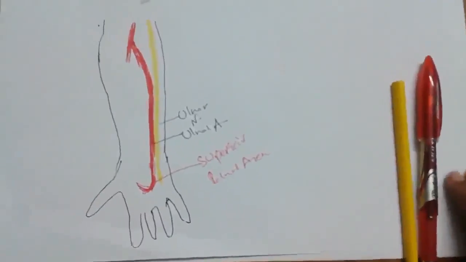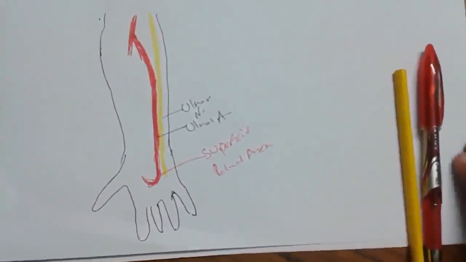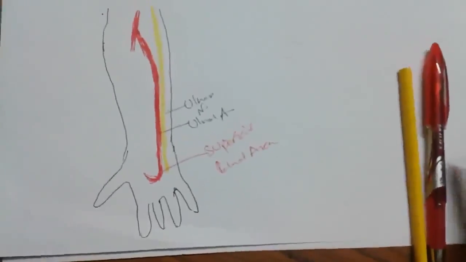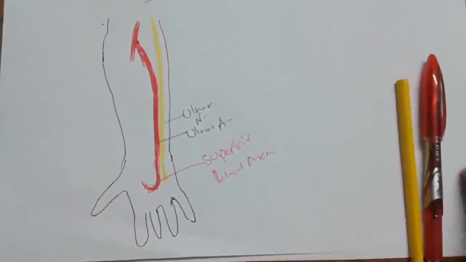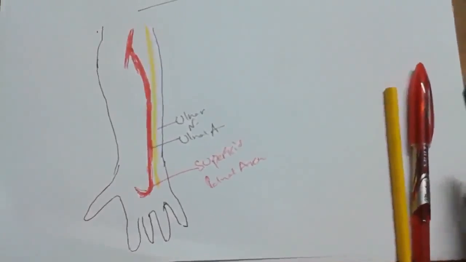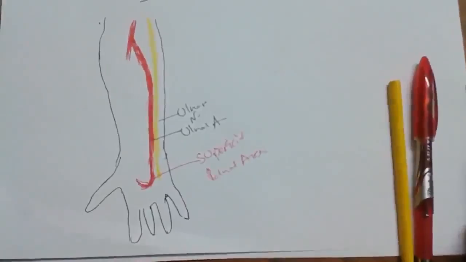All these five are the superficial muscles. Once you reflect all these superficial muscles, you will be finding flexor digitorum profundus. Superficially there will be all these five muscles, and deeply there will be this muscle, flexor digitorum profundus. In between them, this ulnar artery will be there.